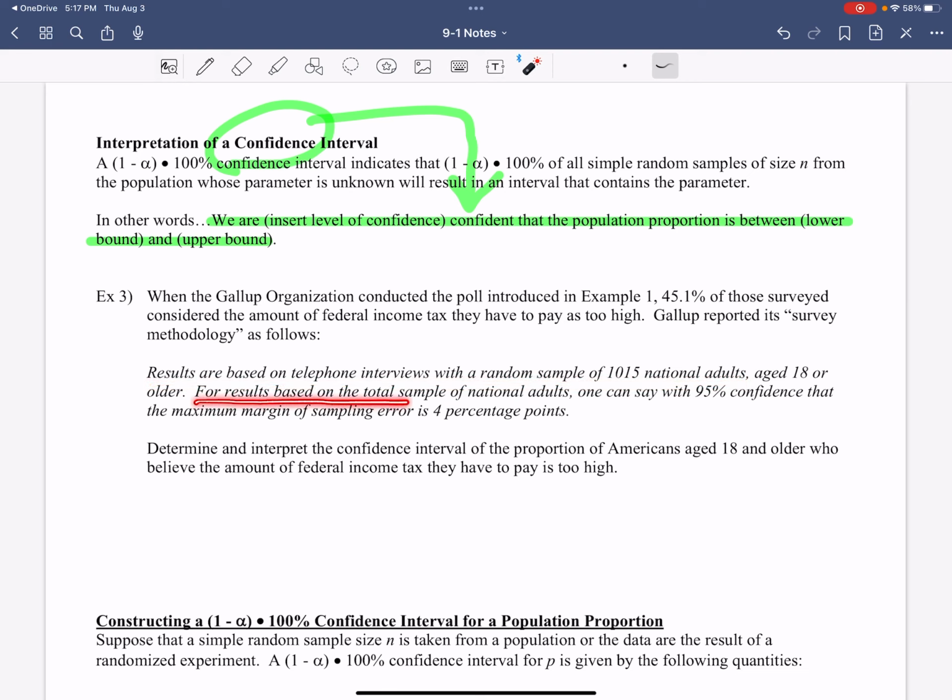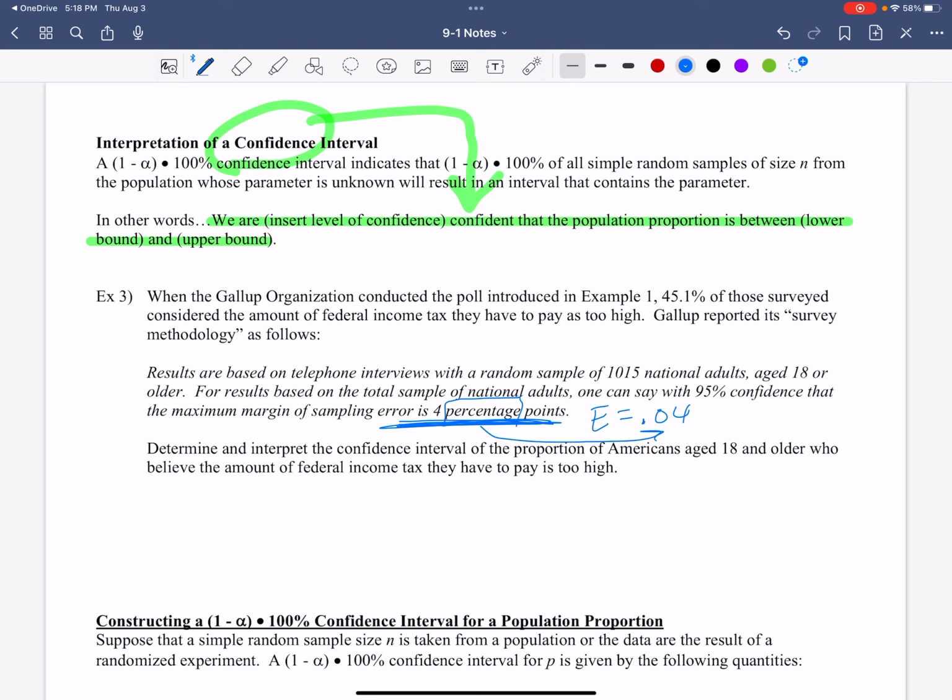For results based on the total sample, one can say with 95% confidence that the maximum margin of sampling error is 4 percentage points. All right? So if I'm looking at this at 4 percentage points, margin of error is a capital E. So with this margin of error here, 0.04, because it says the word percentage, I have to change that to a decimal.